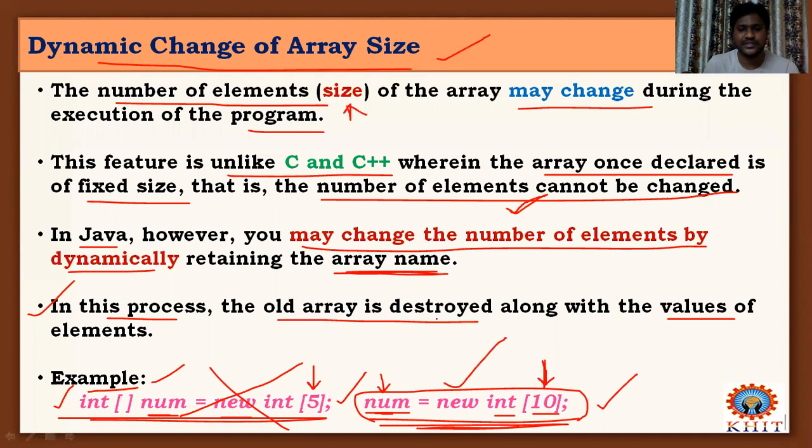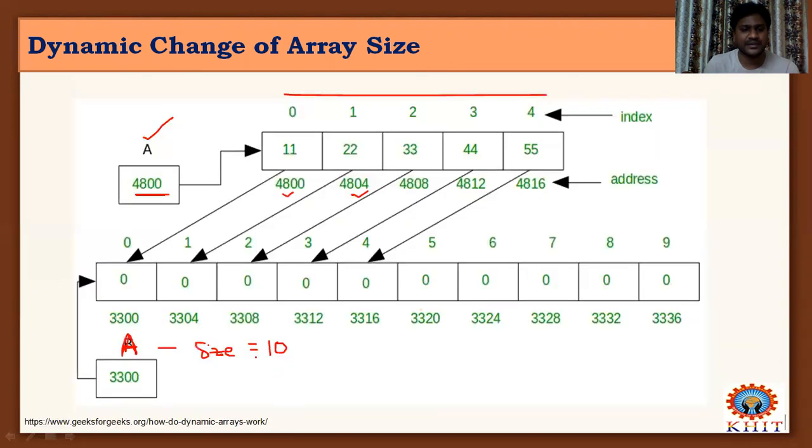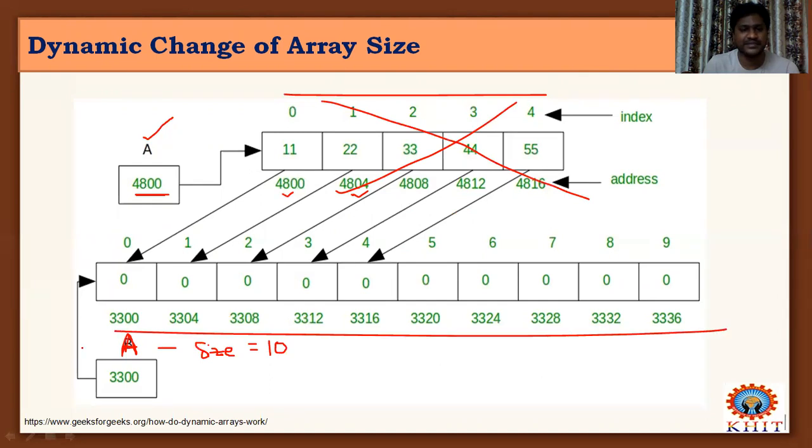When this statement executes, the compiler automatically destroys this array completely with all the elements, and a new array is created with the same name A, with separate indexes, and all the values are initialized with 0. This is the concept called dynamic change of array size.